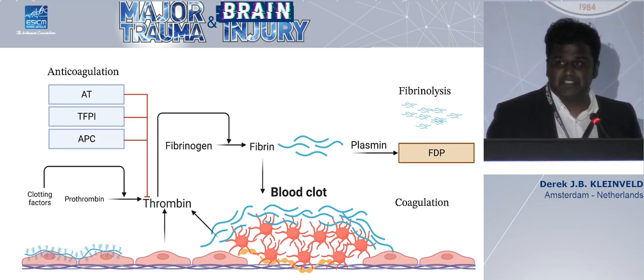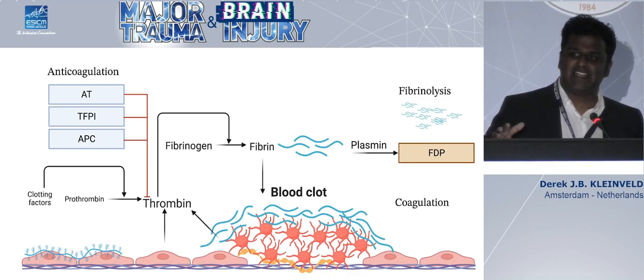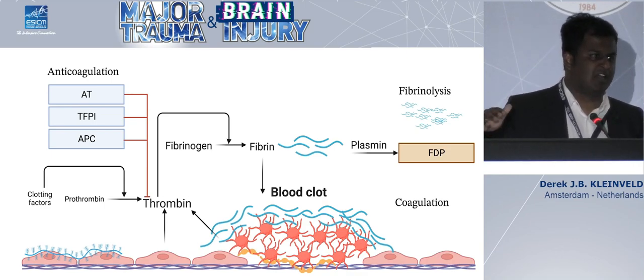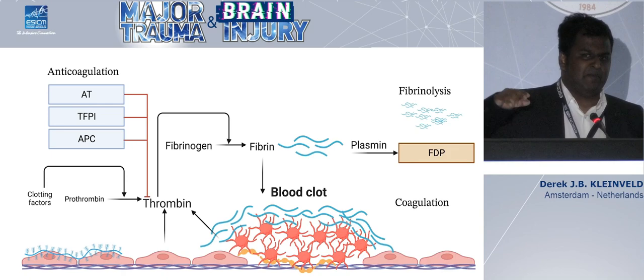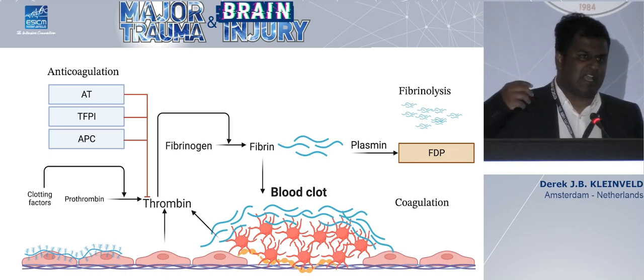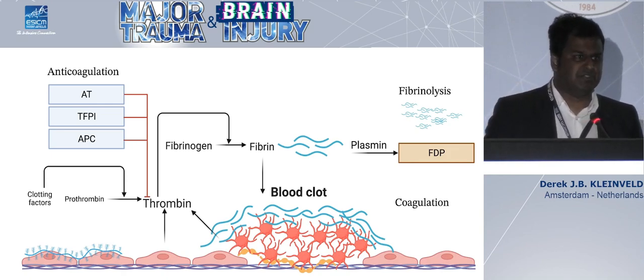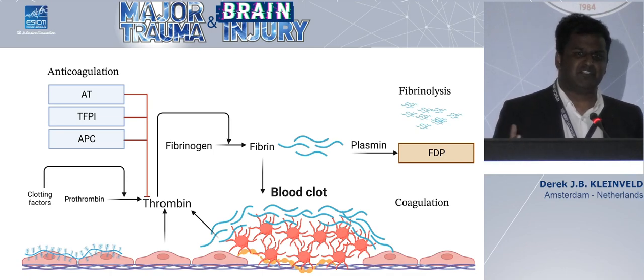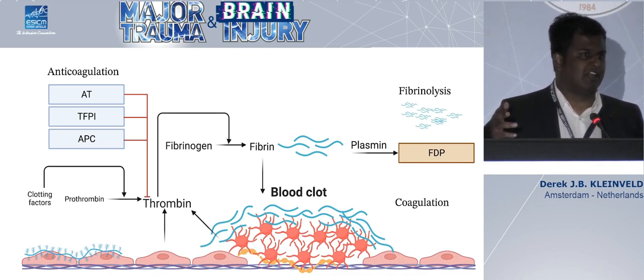Then first the platelets become activated and adhere to that exposed collagen. Those platelets then release their granules to promote other platelets to aggregate, and then you have your first platelet clot. This is a very loose clot and can be easily broken down.